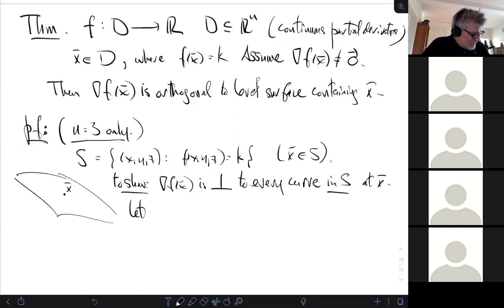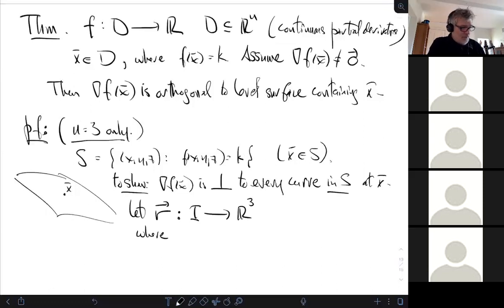Okay, so I'm going to take a curve, going back to early Cal 3, from some interval I that goes into R3, so it's a space curve. What do I need from this curve? I need that it passes through the point x bar.